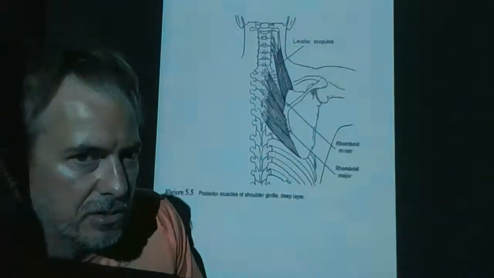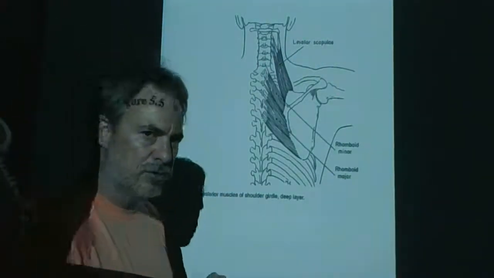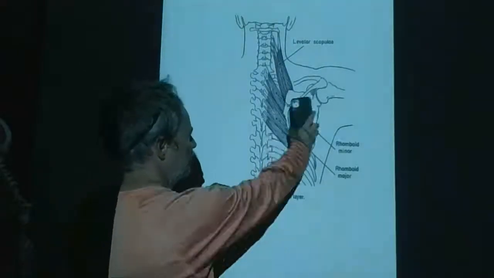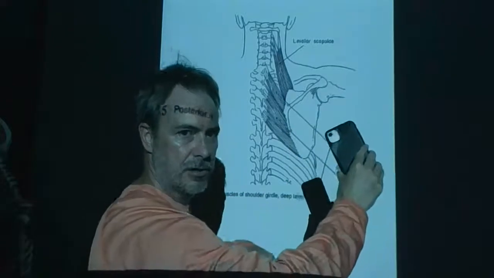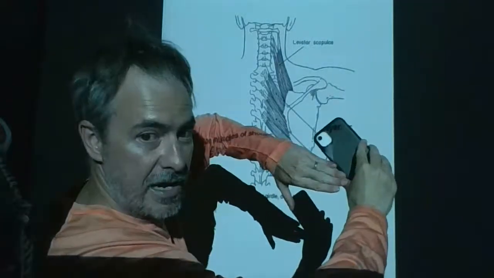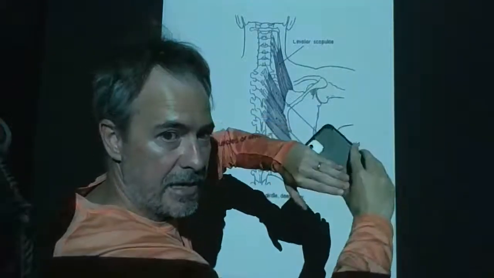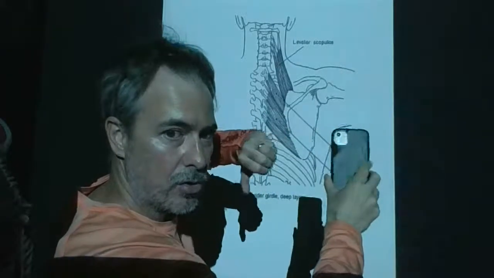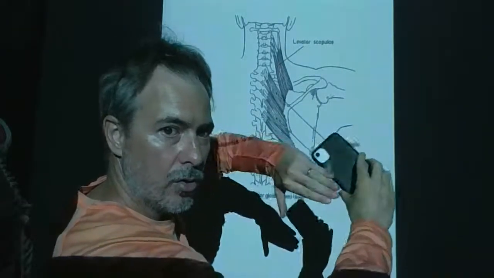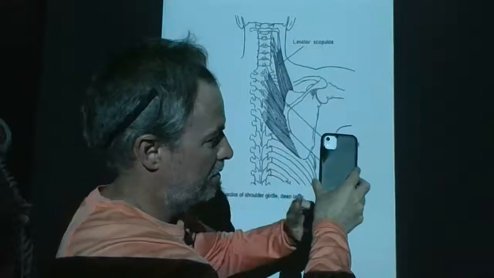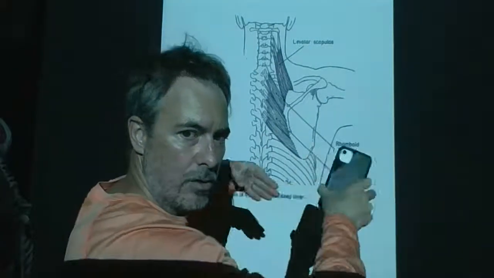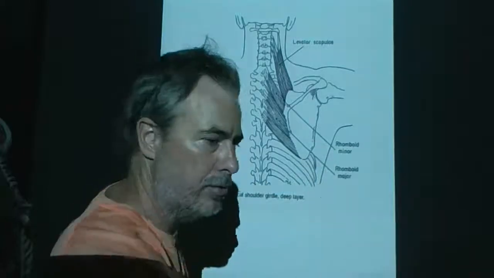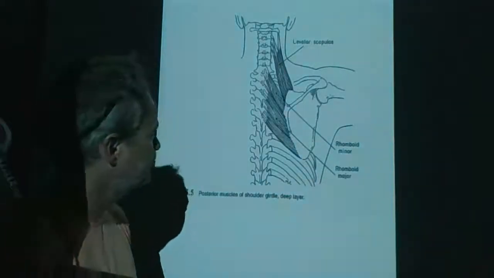In addition, those are easy to see. This one's kind of more tricky. If this was the scapula, I'm drawing it out to show you. In terms of rotation of the scapula, it would be a downward rotation puller. Does that make sense? Serratus anterior, upward; rhomboids, downward. Downward rotation pullers are rhomboids.